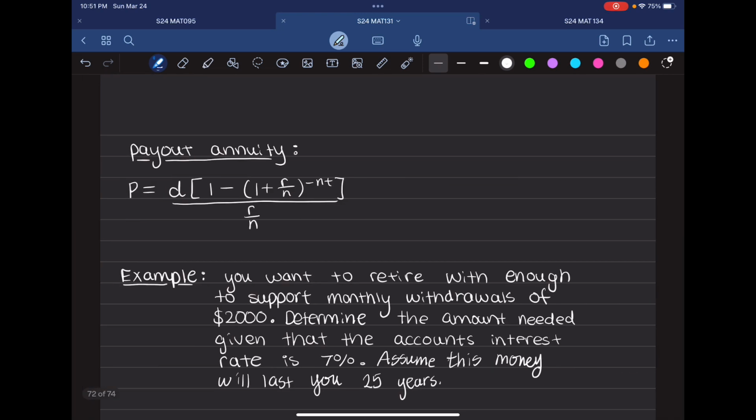All right. Next, we went over payout annuities. These are kind of the counter to savings annuities. So these ones, you start with some lump of money, right? We start with P. And instead of depositing money, we're going to be removing money.